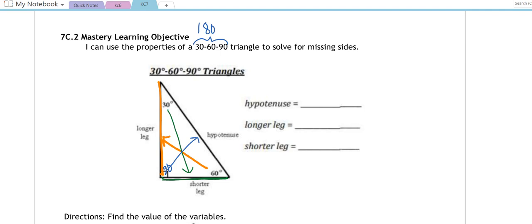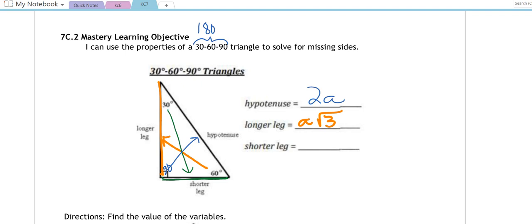So let's talk about what our theorem says. Across from the 90-degree angle gives us our hypotenuse, and the hypotenuse is always going to be 2 times A. Right? Our longer side, which is across from the 60, is going to be A times the square root of 3.